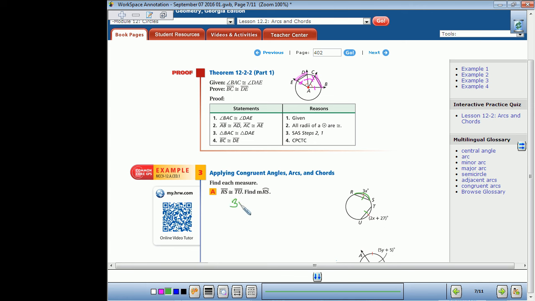So we know that 3x would have to equal 2x plus 27. So x is 27, and that is not my answer. All I did was move that over. So to find RS, we would multiply that 27 times 3. So the measure of arc RS is 81 degrees.